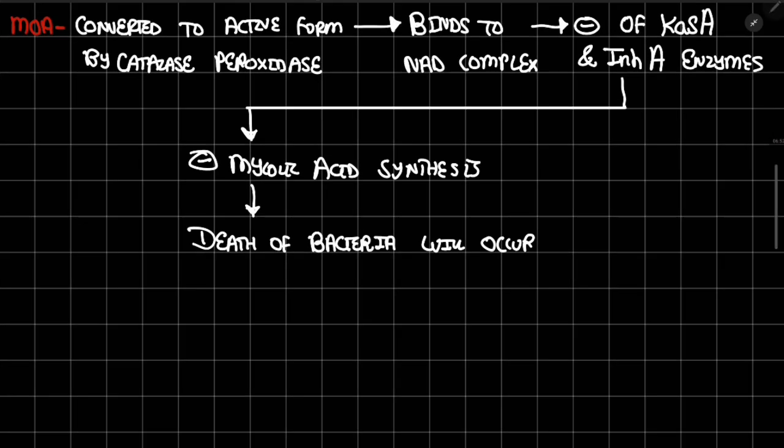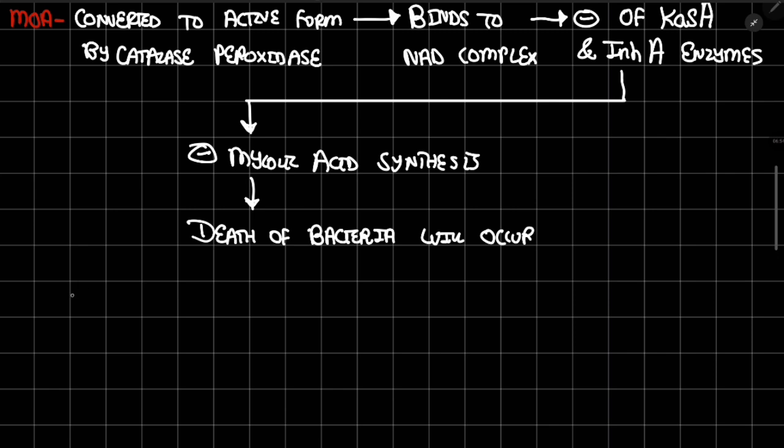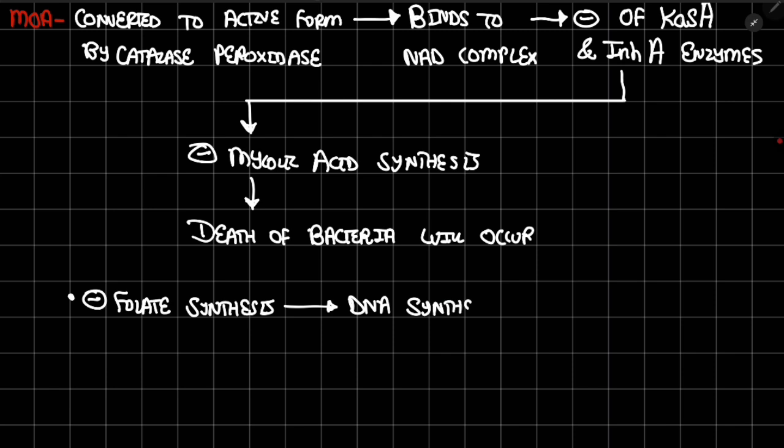Now an alternate mechanism: it inhibits folate synthesis, and we know folate is required for DNA synthesis. How does it inhibit folate synthesis? By inhibiting the folate reductase enzyme.